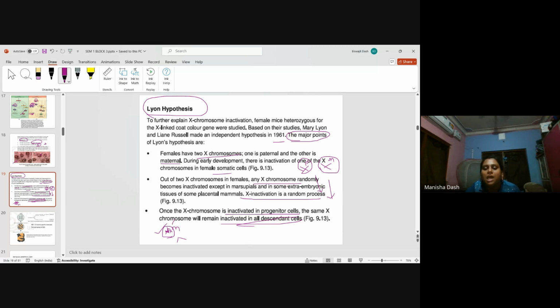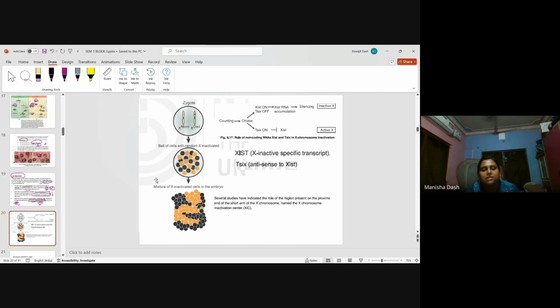Similarly, if in another cell the paternal chromosome is active and the maternal chromosome is silenced, then in all the descendant cells the maternal chromosome will be silenced and the paternal chromosome will remain active, like this. Here the orange represents the maternal chromosome and the black represents the paternal chromosome.